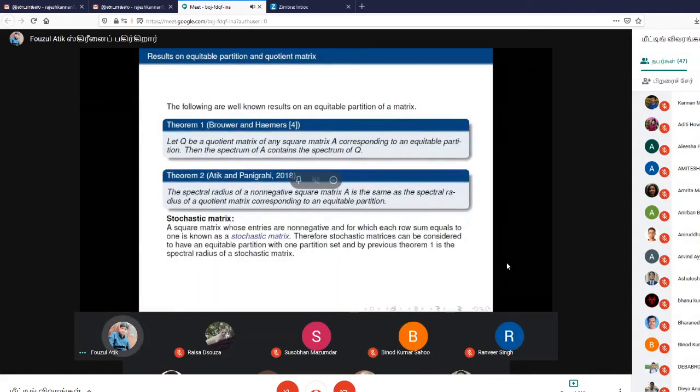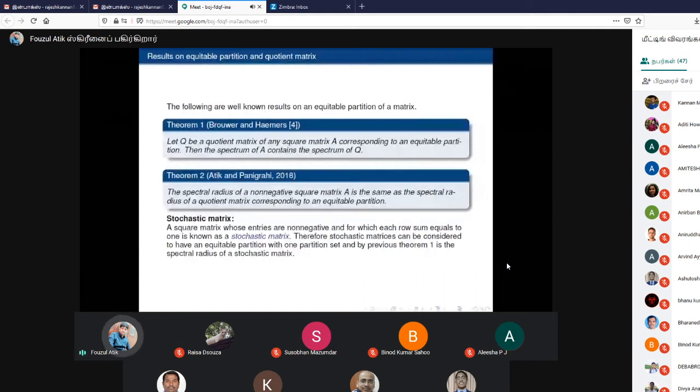Therefore, a stochastic matrix can be considered to have an equitable partition with one partition set, and by this theorem, we can say 1 is the spectral radius of a stochastic matrix. So this result is also verified. We all know that the spectral radius of a stochastic matrix is 1.